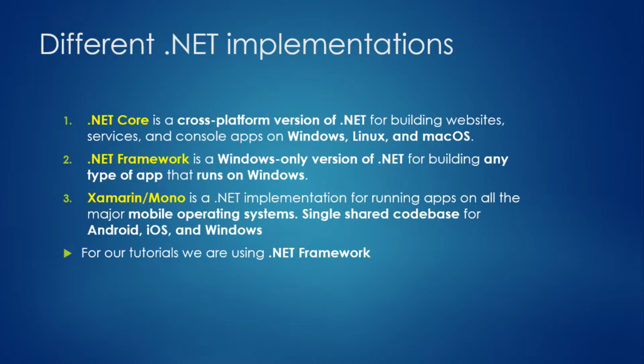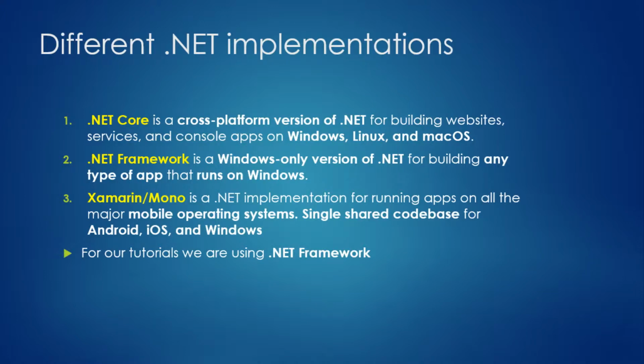Basically .NET Core is a cross-platform version of .NET for building websites, services, console apps, and different types of apps, that may be an IoT application or a game. That can be developed by using .NET Core also. So that will be a cross-platform version.